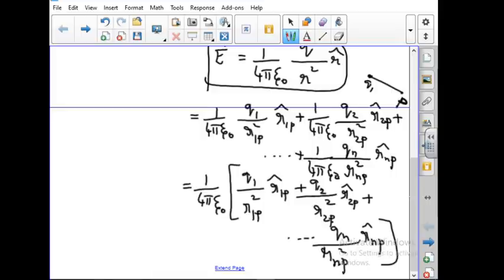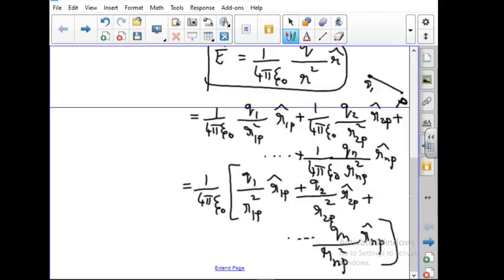So this is the total electric field due to n number of charges. Here R1P, R2P, R3P are representing the distance of the charges from the point P, and Q1, Q2, Q3 are representing the charges. R1P cap, R2P cap, R3P cap are all representing the unit vectors which are directed from Q1, Q2, etc. to P.